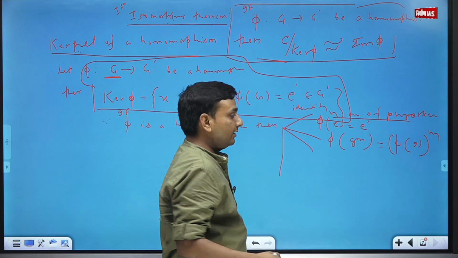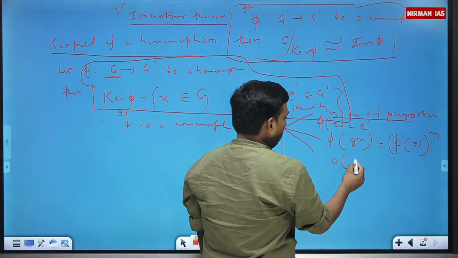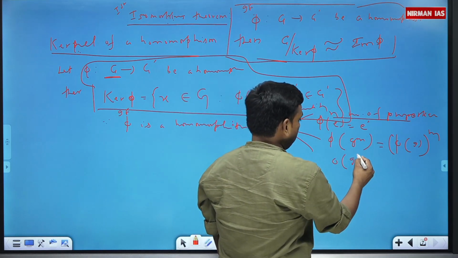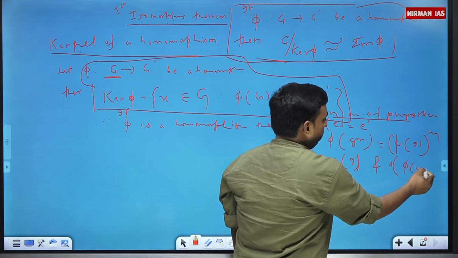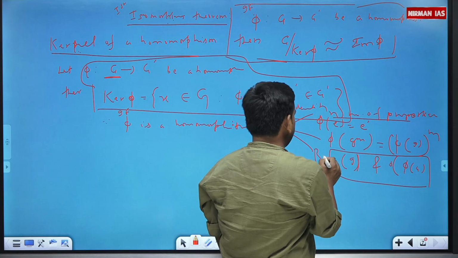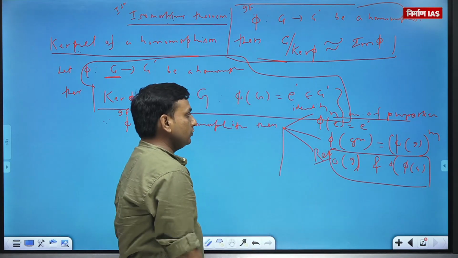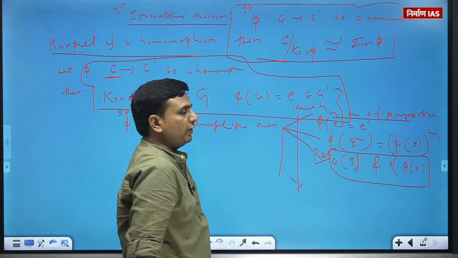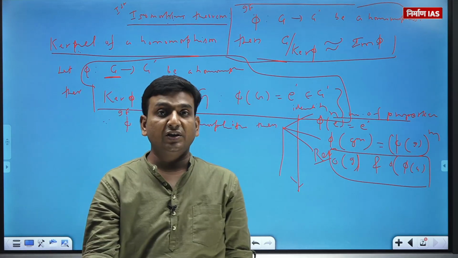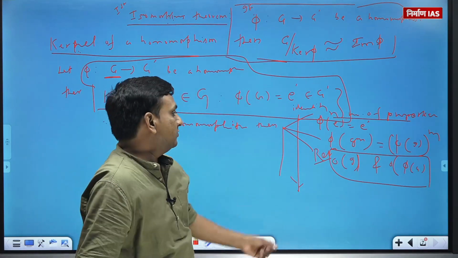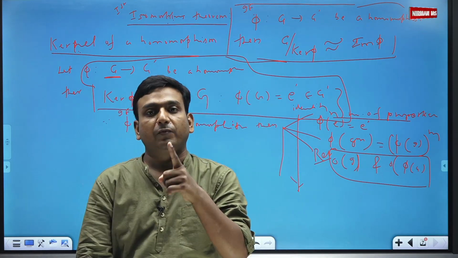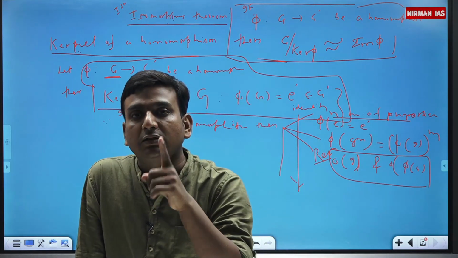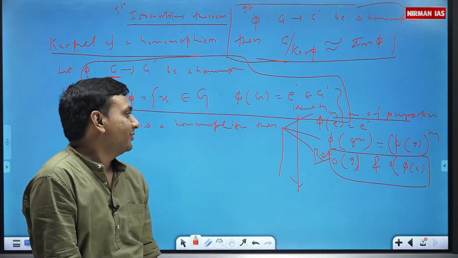Getting? Properties like order of g and order of phi of g, the relation between these. So in Gallian also, they have given these 4 to 5 properties, as in the coset theory I have stated. Please note down these properties. Do remember these properties. Okay?